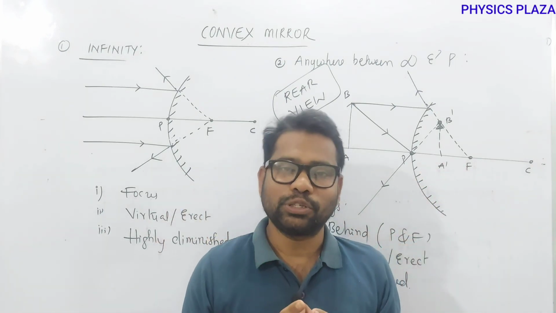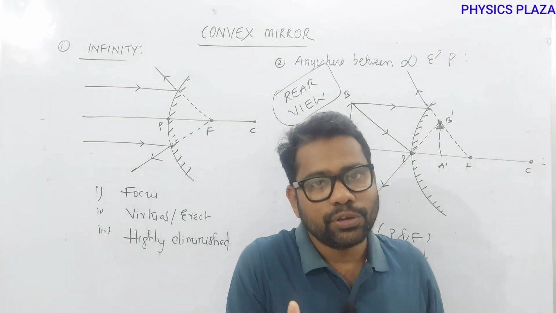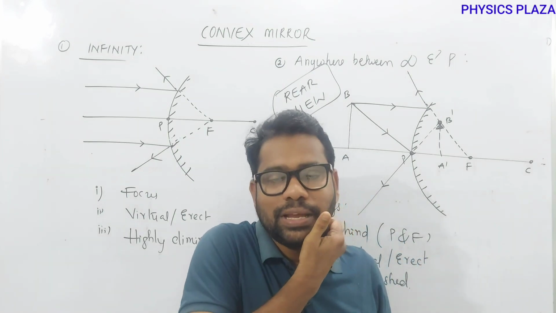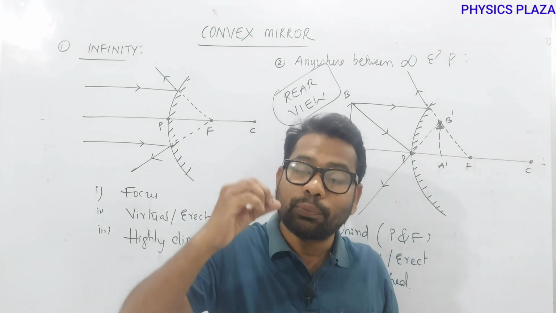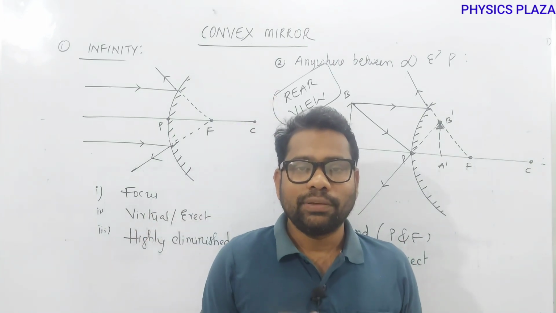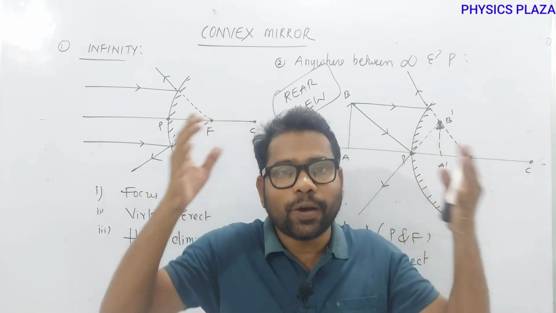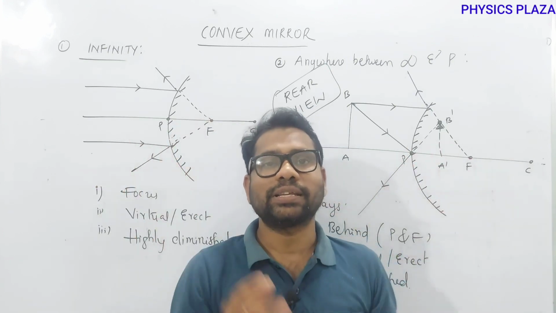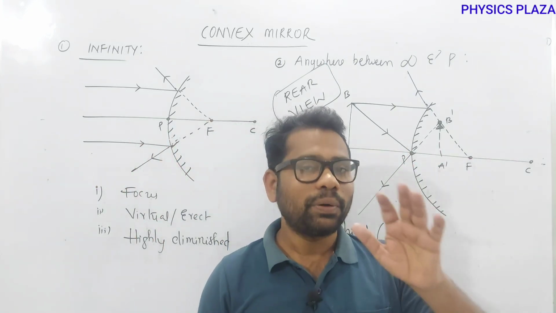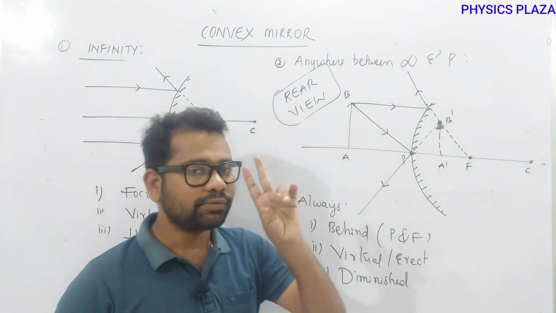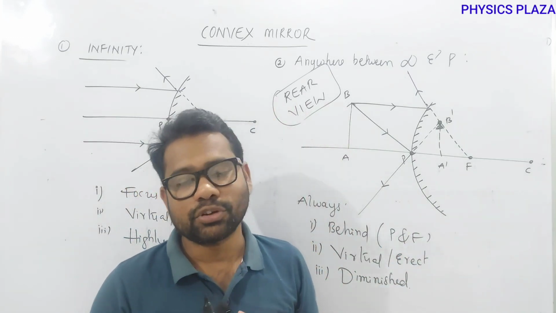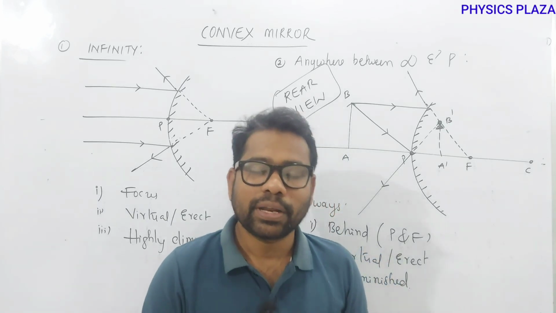So it's highly impossible to use a plane mirror. What happens if you use a concave mirror? A concave mirror will give a virtual but enlarged image. Even if a small vehicle is coming, it appears enlarged in a concave mirror, so obviously you cannot cover other objects also. But whereas a convex mirror, because of two reasons children, in the exam they may ask a question: why is a convex mirror preferred as a rear view mirror?